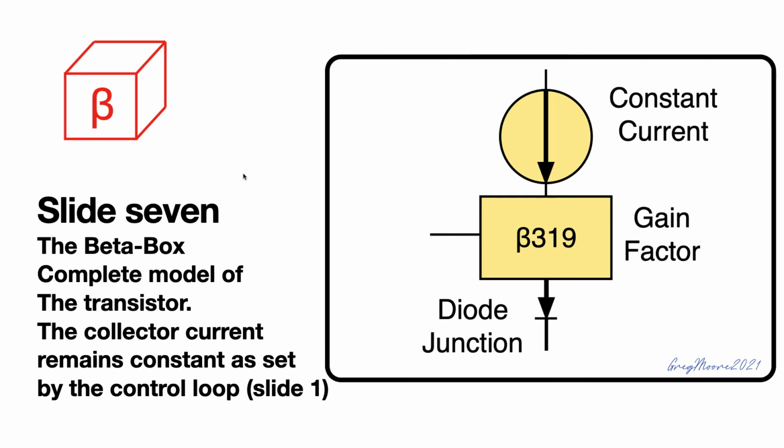The actual graphical image that we'll be using in other videos shows the constant current part of the transistor, the beta of the transistor, and the diode junction, which has got the barrier potential of about 700 millivolts.